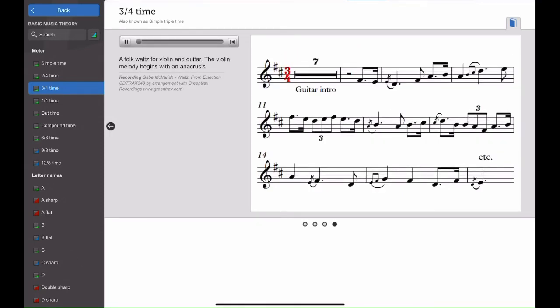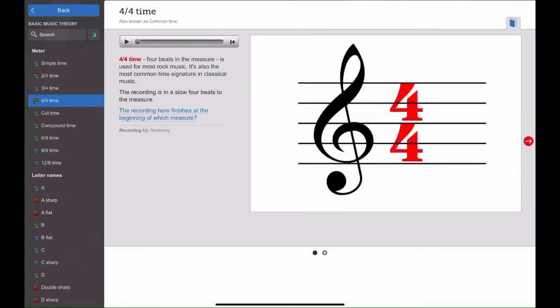Now a folk waltz. Wonderful. When was the last time you improvised on your instrument? All right, 4/4, 4 beats a measure.